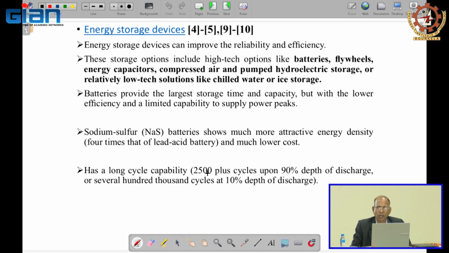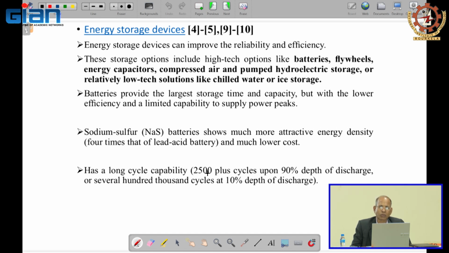Then we can have other types of storage systems in terms of flywheels, in terms of capacitor banks, which we further call supercapacitors.